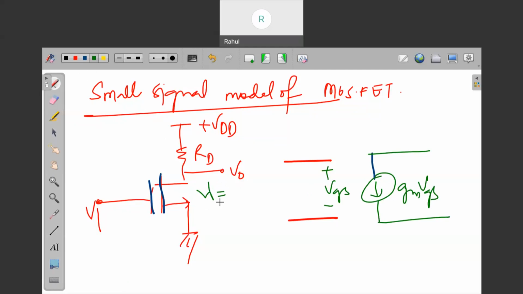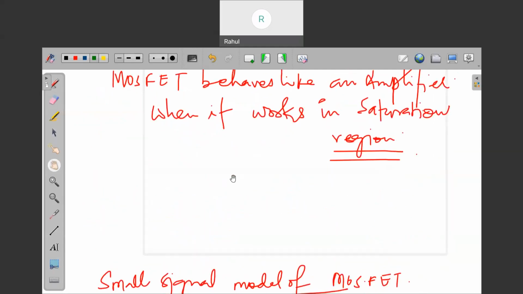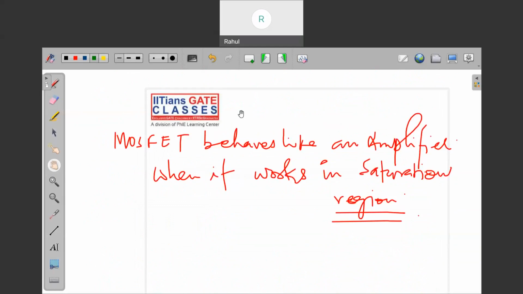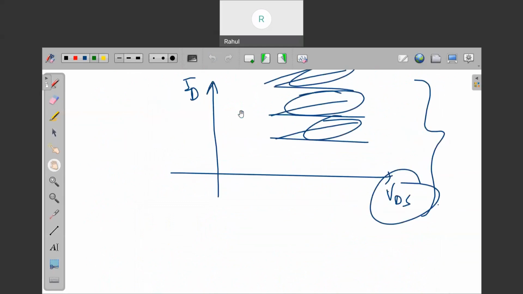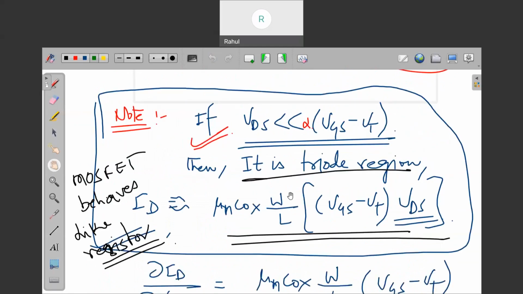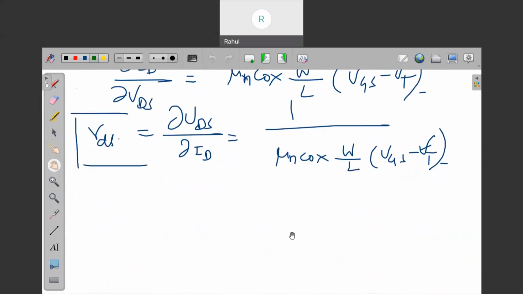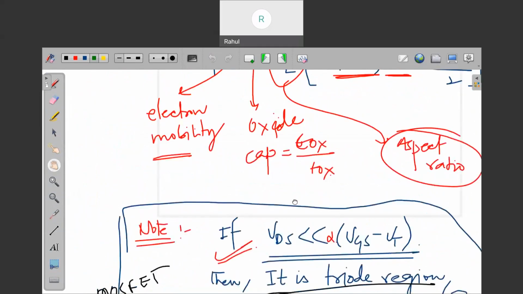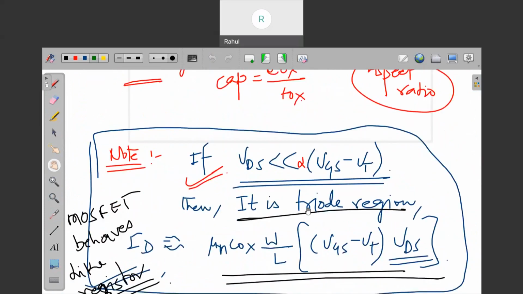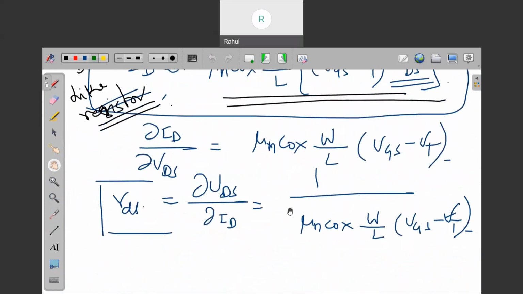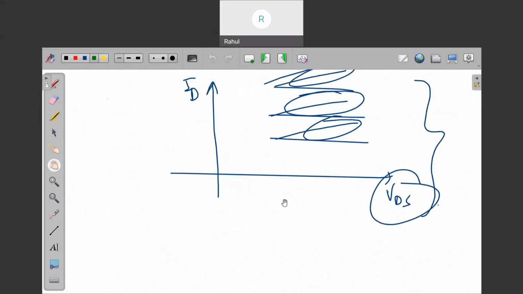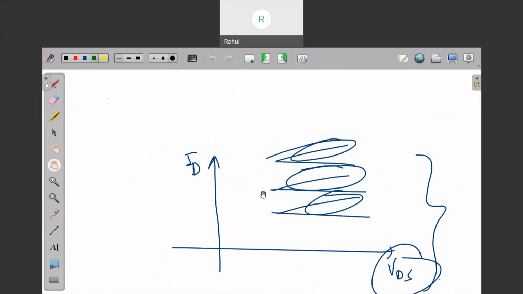Let me correct here. Somewhere we have made a mistake, I think. Let me go back and check. Somewhere we have taken λ like this. Yes, here only.